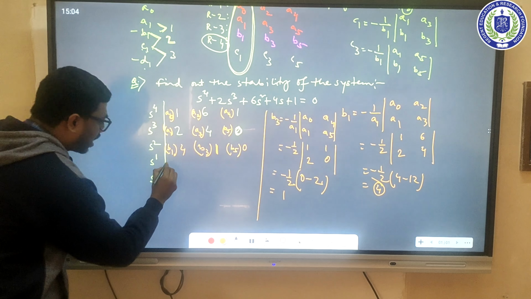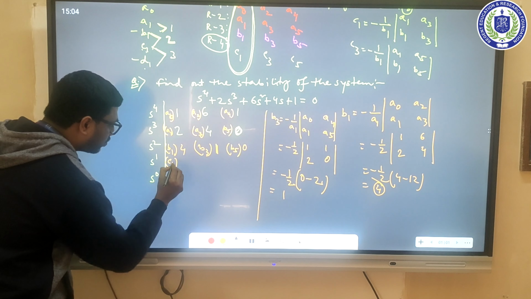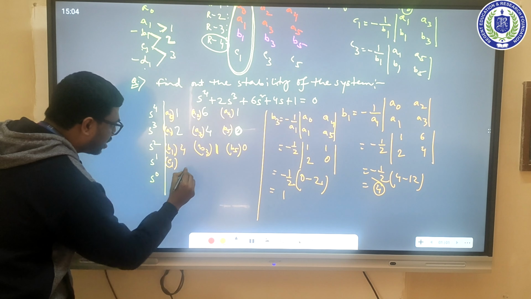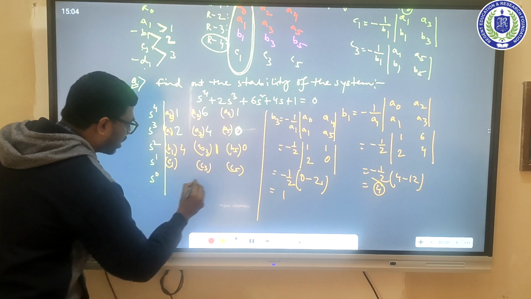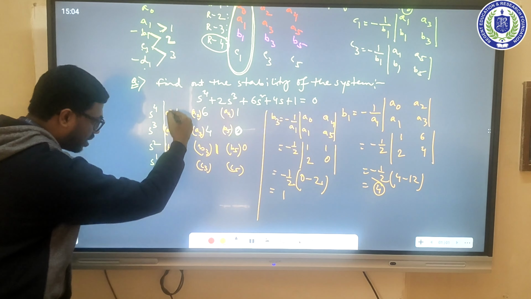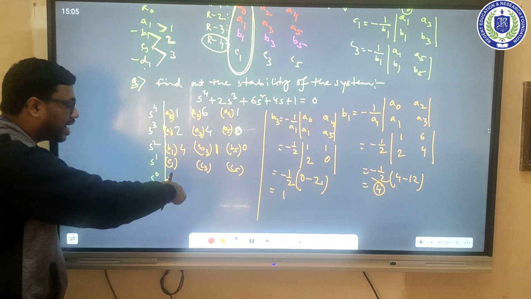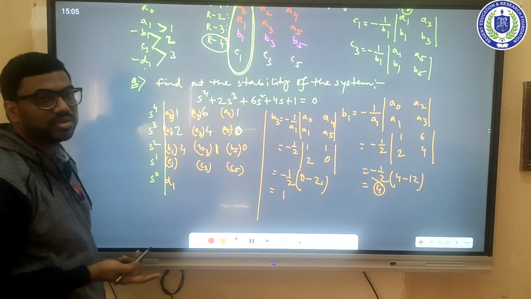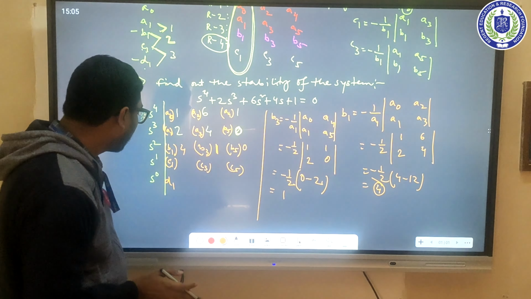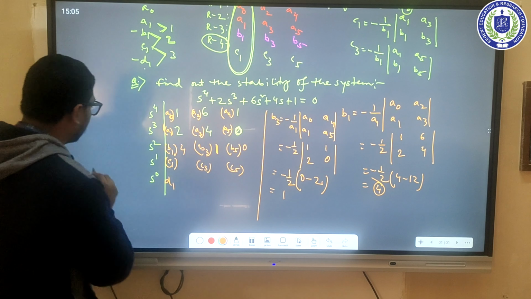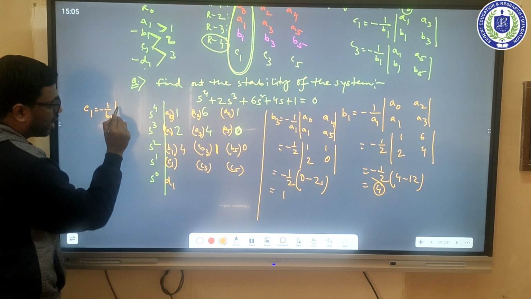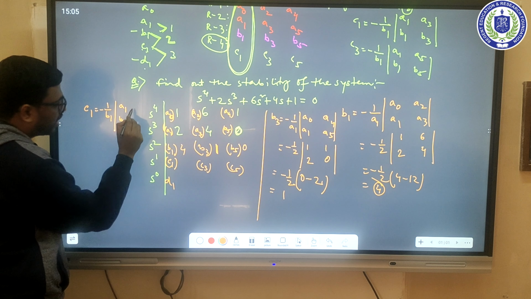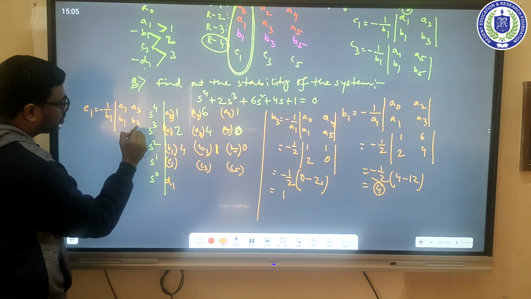Now we will calculate this C1. This is say C3, this is say C5, and this is D1. We will bother about this first column. With the help of the sign of this first column, we will find out whether the system is stable or not. Okay. So C1 is equal to minus 1 by B1, the determinant of A1, B1, A3, B3.